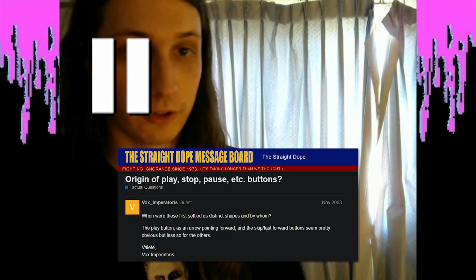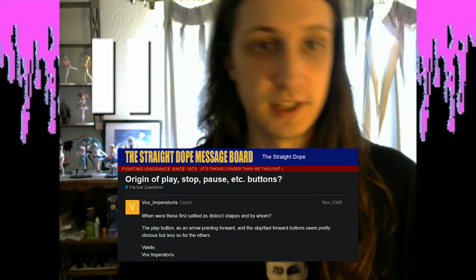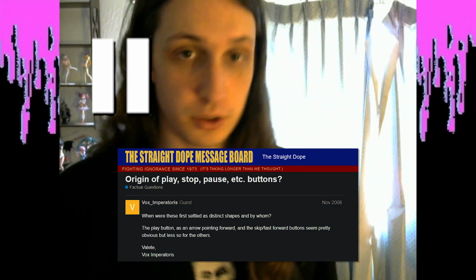It's not super clear, and there is actually one final origin which I have found in a kind of obscure thread from over 10 years ago at this point. In a thread on the Straight Dope forums, under their factual questions section, someone asks for the origin of all of these symbols, and much discussion is had.